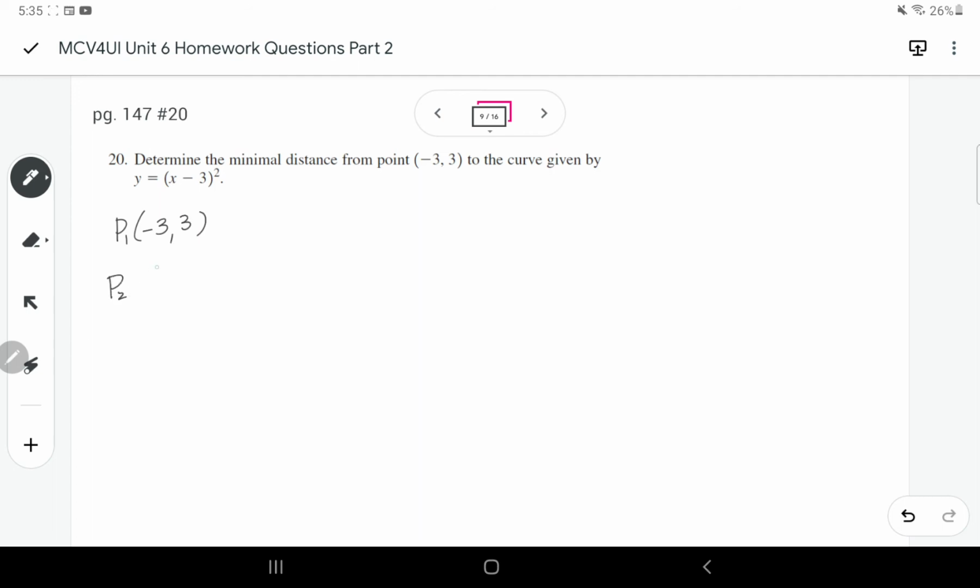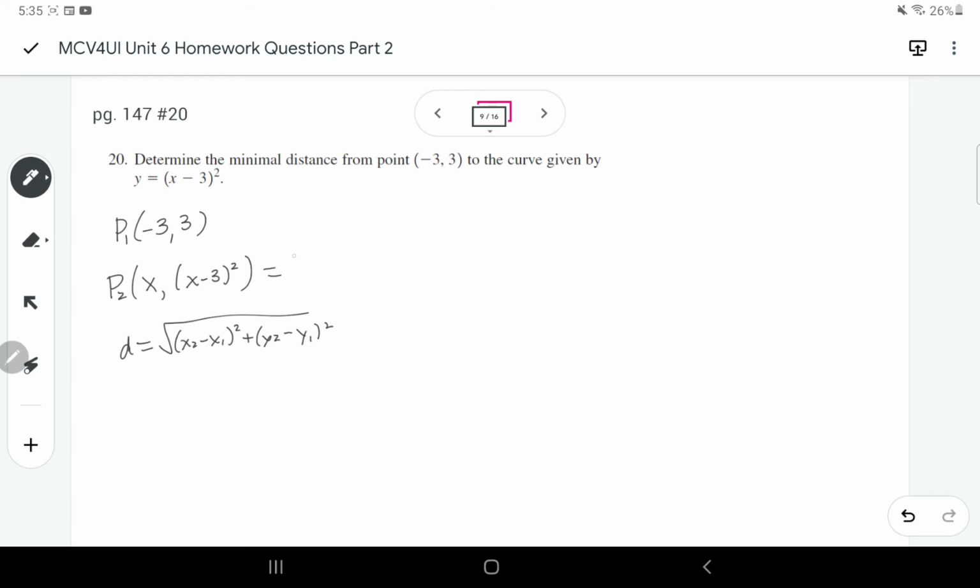And hopefully we're okay if we say that P2 would be x and x minus 3 squared. So the y value on that parabola would be x minus 3 squared. And the distance is from grade 10, x2 minus x1 squared plus y2 minus y1 squared.